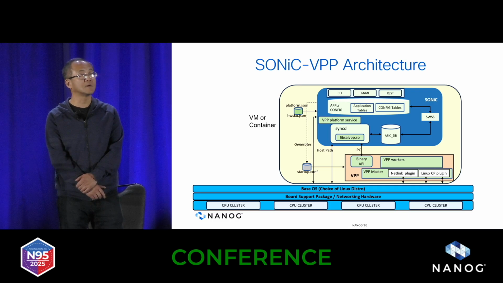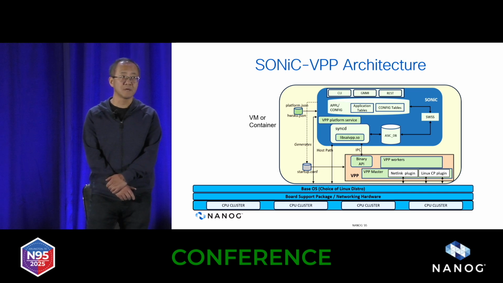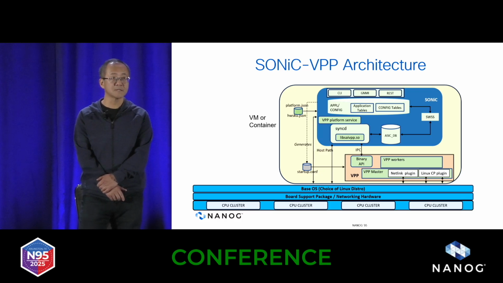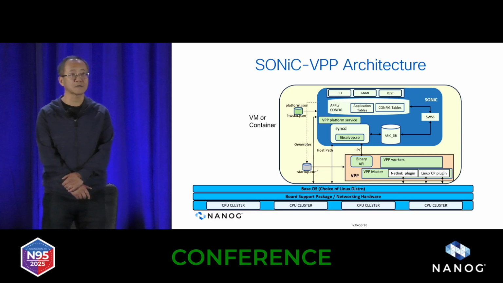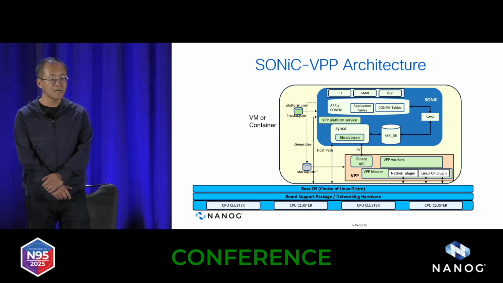For example, in the SONiC Azure T1 LAG topology, we run SONiC VPP with 32 interfaces, and there we use 3 worker threads. VPP uses the Linux CP, or Linux control plane, plugin to punt and inject packets to the SONiC control plane, and the netlink plugin listens to netlink events for interface up and down.